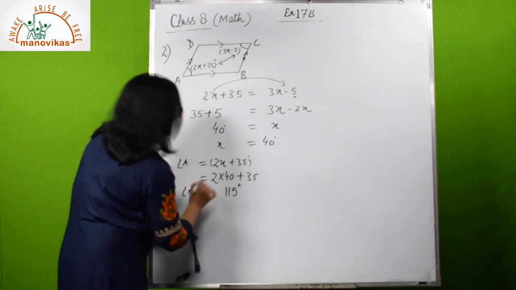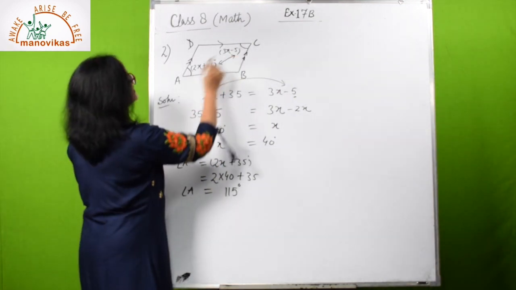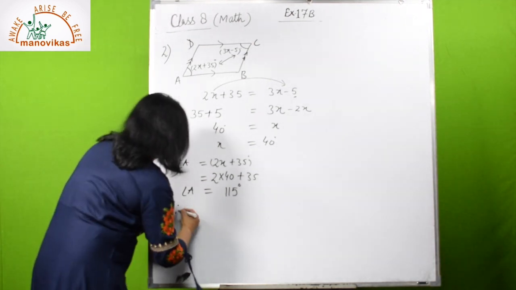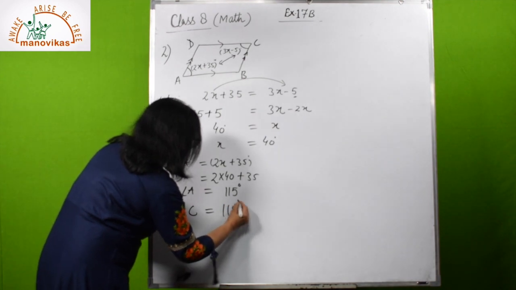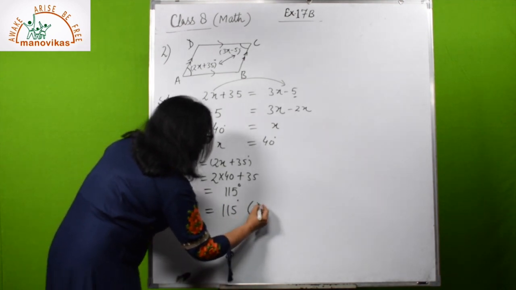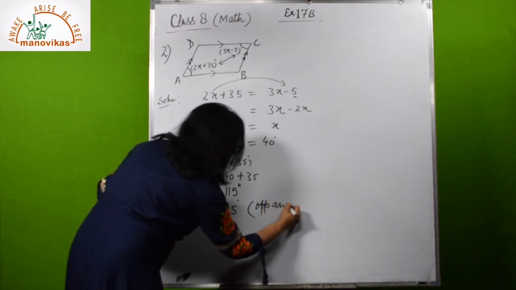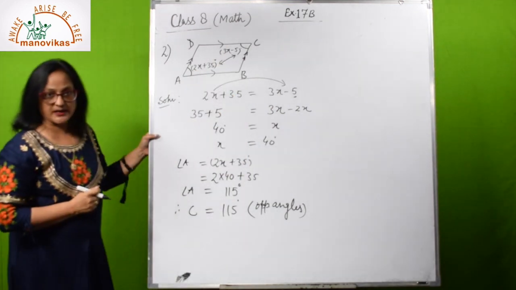So angle A we got as 115 degree. And because C and A are opposite angles, they will be equal. Therefore angle C is also equal to 115 degree. Because they are opposite angles, they will be equal. So here we have used the same property of opposite angles.